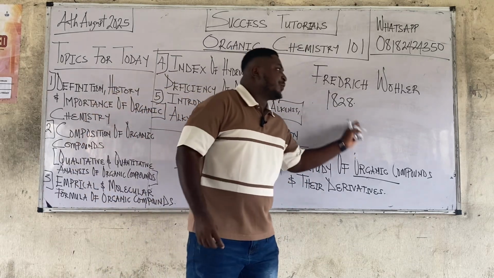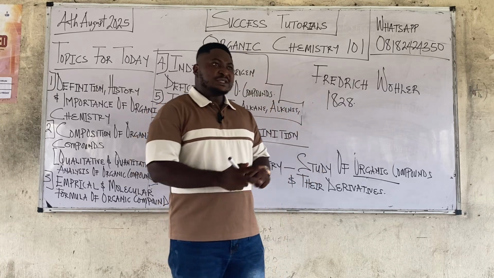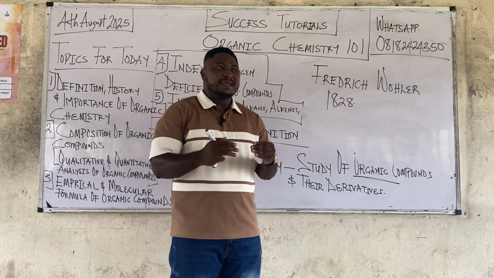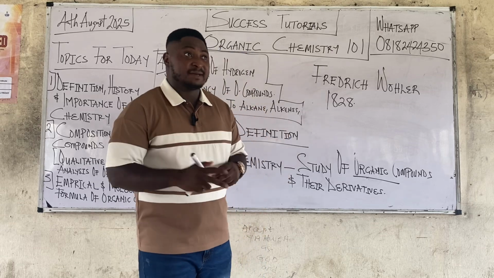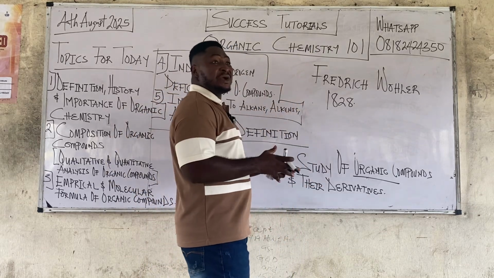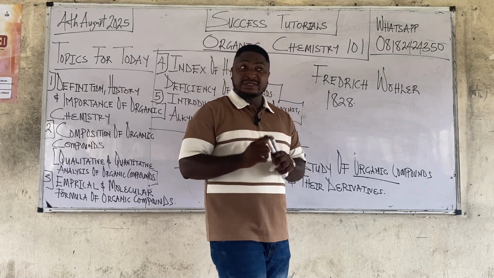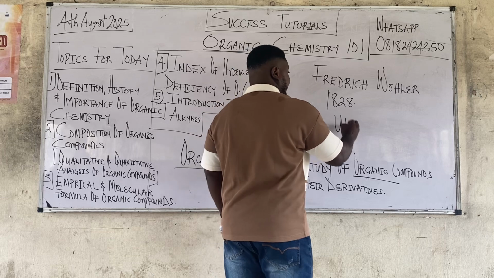If organic compounds are naturally occurring, it means they cannot be synthesized by man. But Frederick Wohler in 1828 was able to synthesize an organic compound for the first time. And what organic compound was synthesized was urea.